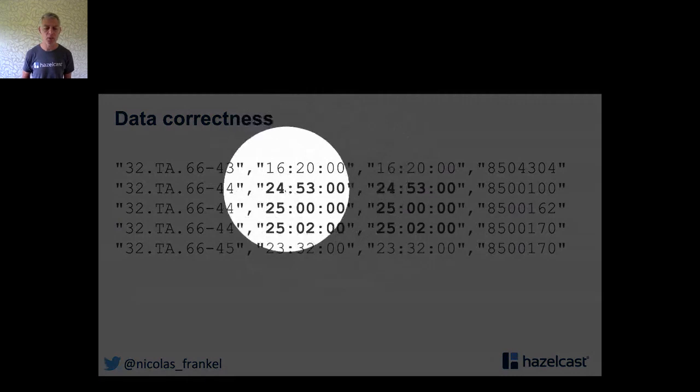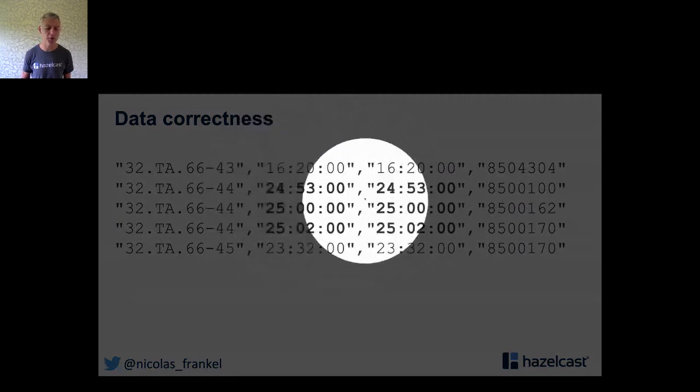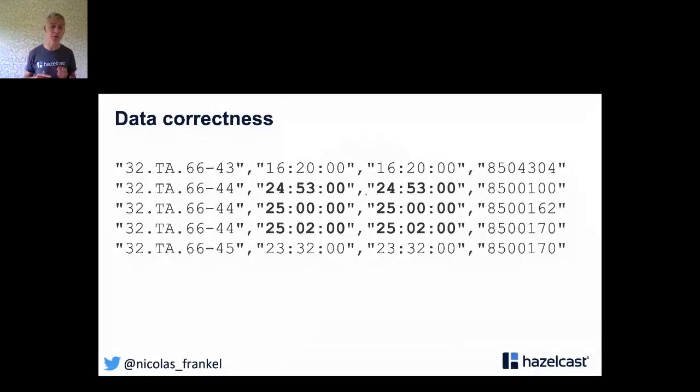I have actually no clue what 2453 is. So should I discard the data point? Should I say, oh, I just removed 24 hours, so it's close to 1 hour on the same day, or should I roll it to the other day? That's just more inference that I need to do because I have no clue how to handle it.